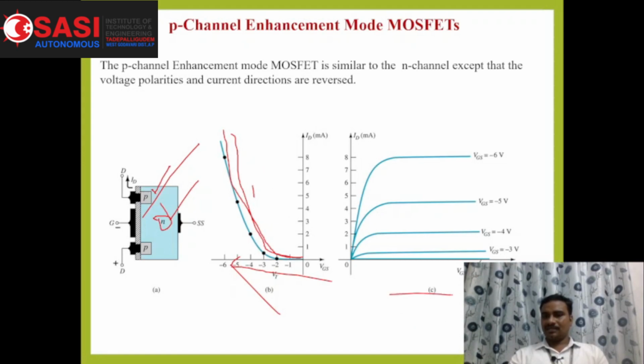Similarly, we can observe the output characteristics at constant VGS values, and as VDS increases, the current increases gradually to the maximum level and gets into saturation after the threshold value. So this is the representation of transfer characteristics and output characteristics of the P channel enhancement MOSFET operation.